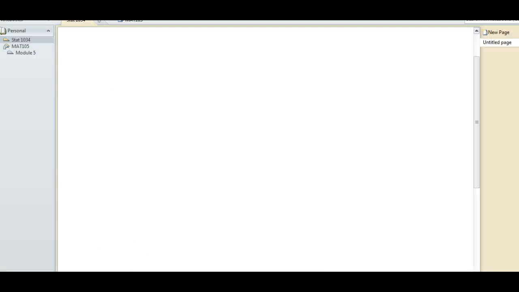The first section is 6.1, and that is continuous probability distribution and the normal probability distribution. So section 6.1, continuous distribution, and also the normal probability distribution.